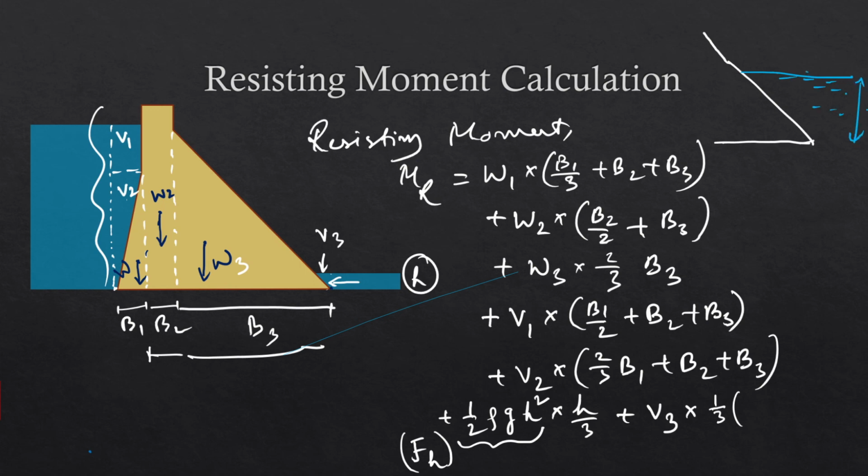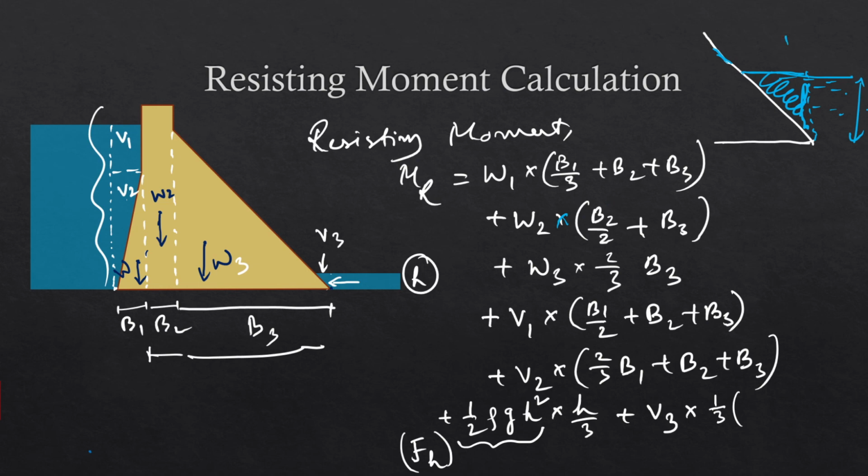Then to find out the volume of this triangular portion of water, we'll have to know about the slope of this downstream surface. And I'm not going to discuss this because it is simply some geometrical problem.